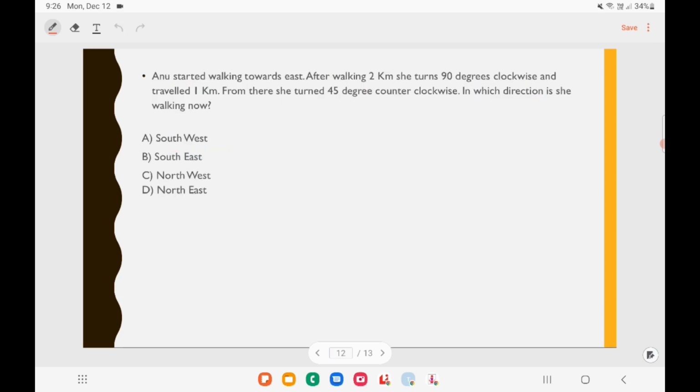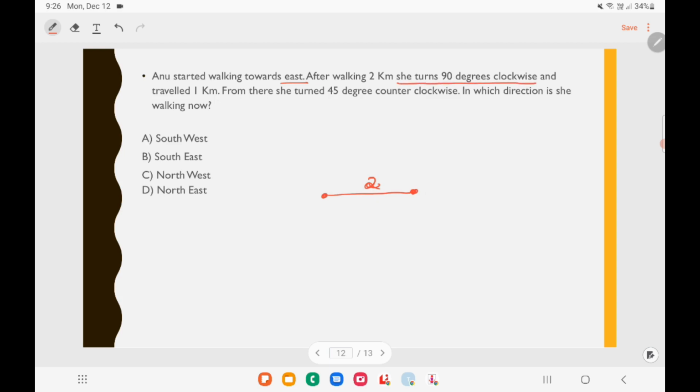Okay. So let us look into one more question. Anu started walking towards east. So Anu is walking like east, so she was here. She is walking like this. After walking 2 kilometers, her position is here. She turns 90-degree clockwise.